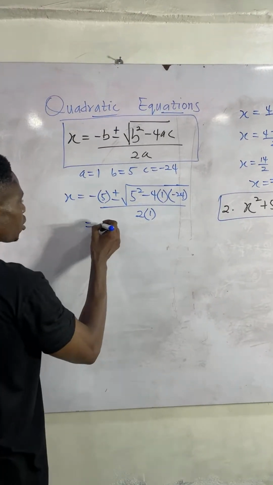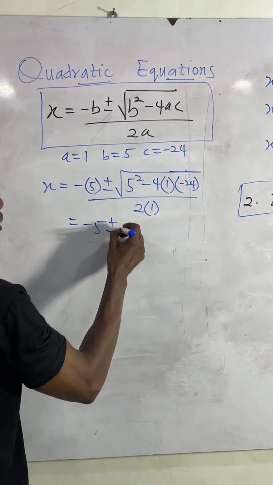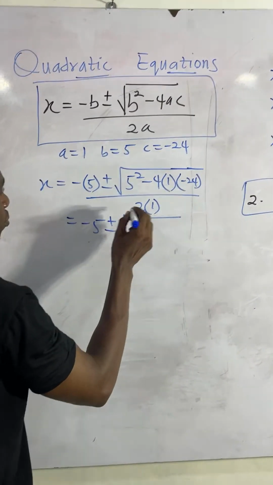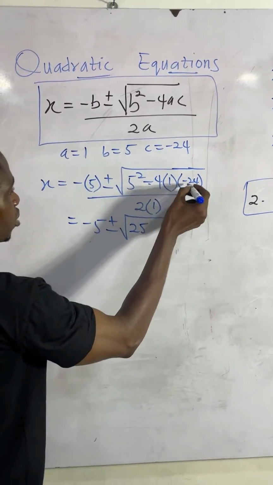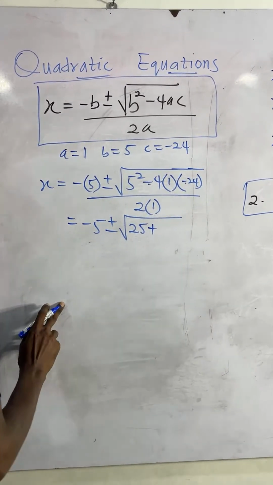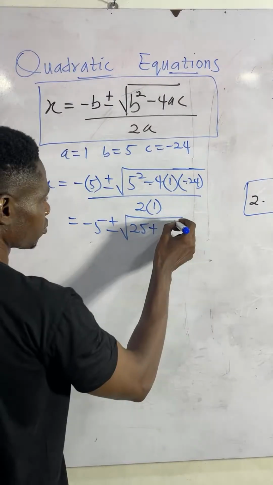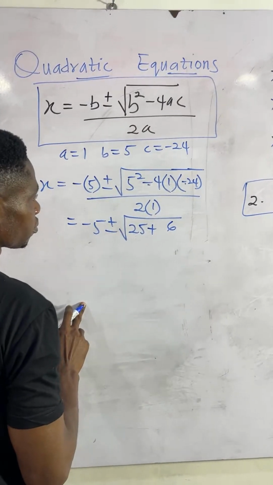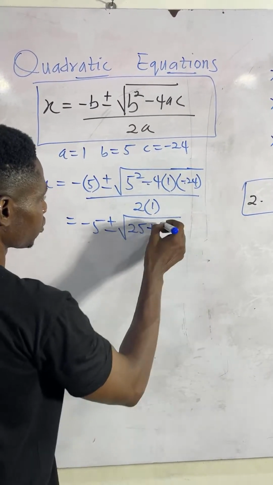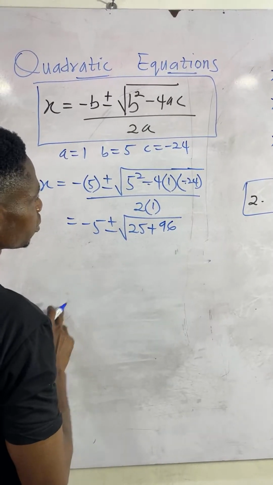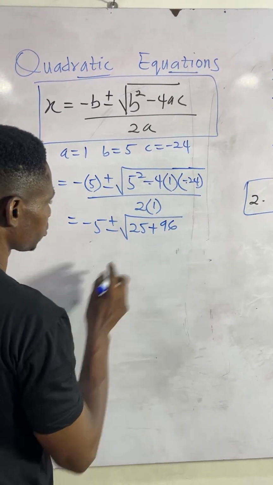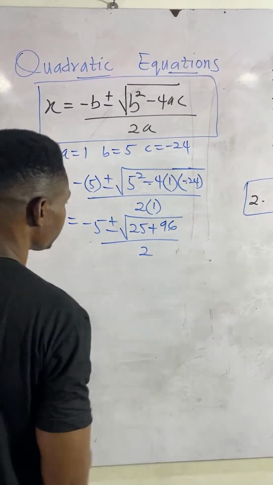Okay, so we have minus 5 plus or minus the square root of 25, minus minus gives plus 96, all over 2.